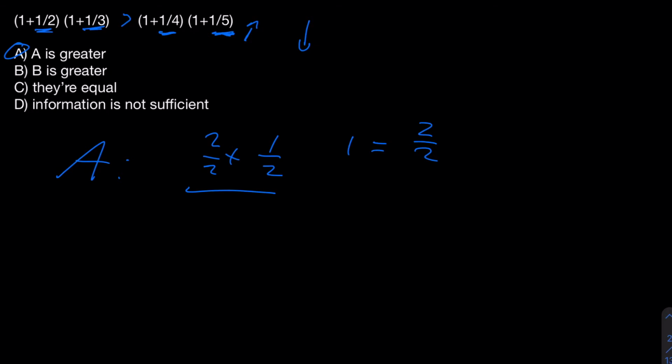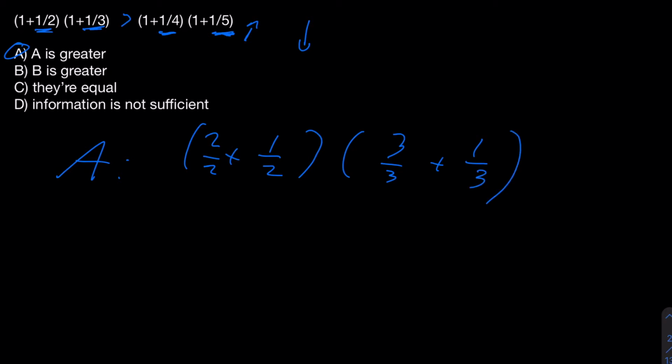And that's the same for the rest of the question. So we're going to have this being multiplied to 1 plus 1 over 3. Again, you can just write 1 as 3 over 3 so that it has the same denominator as 1 over 3. And then you can just add these two together now.